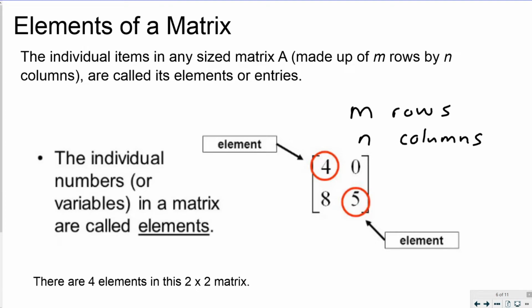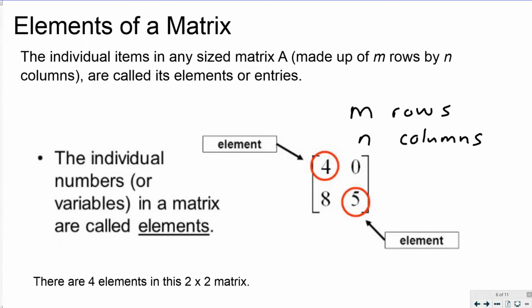So a 2 by 2 matrix has 4 elements. A 2 by 3 matrix has 6 elements. A 3 by 4 matrix would have 12 elements. So the dimensions multiplied out tell you exactly how many elements are in each matrix.